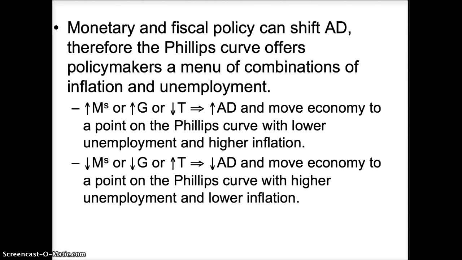If policymakers decrease money supply, decrease government spending, or increase taxes, the aggregate demand curve will decrease and move the economy to a point on the Phillips curve with higher unemployment and lower inflation.